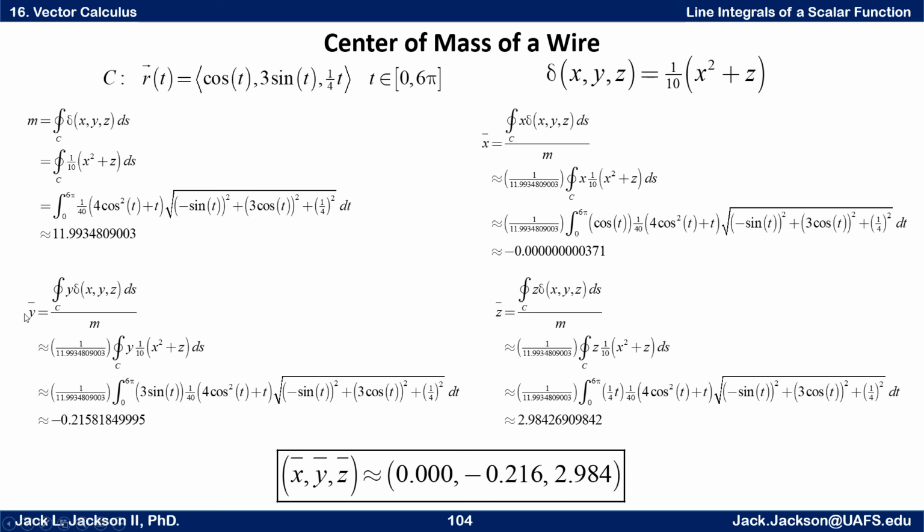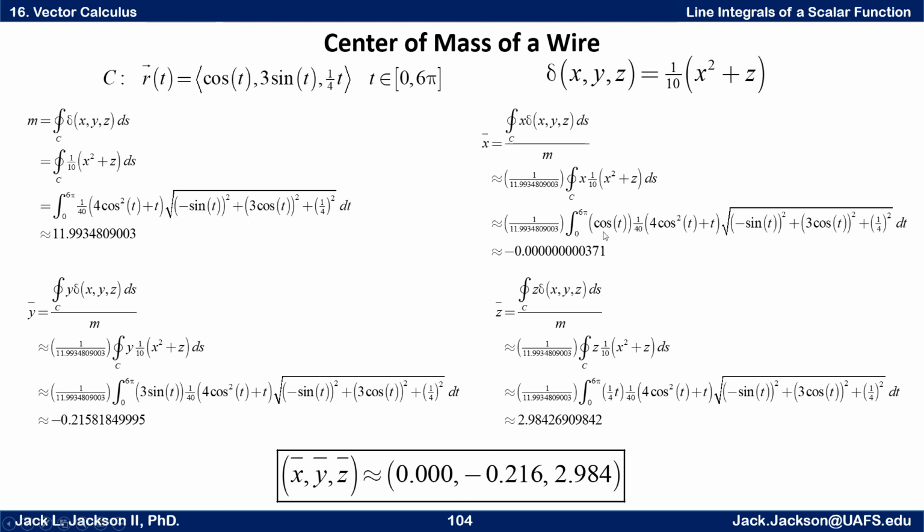For y bar, you do y times the density, integrate that line integral ds, and divide by the mass. So there's 1 over the mass there. That's the integral we set up. It's just like before. The only difference is we're putting in 3 sine t in place of the cosine t here. That's in addition to the factors that we have up here for the mass.